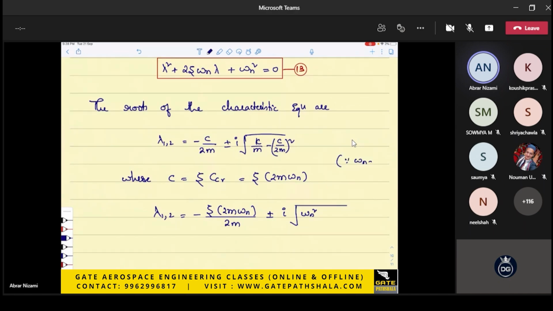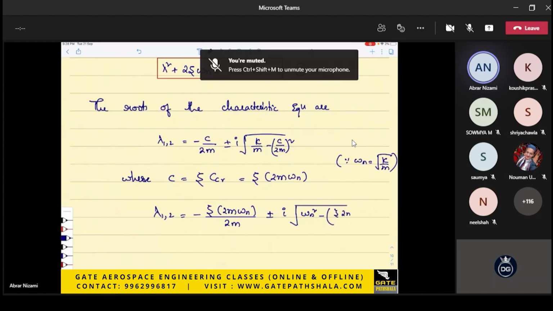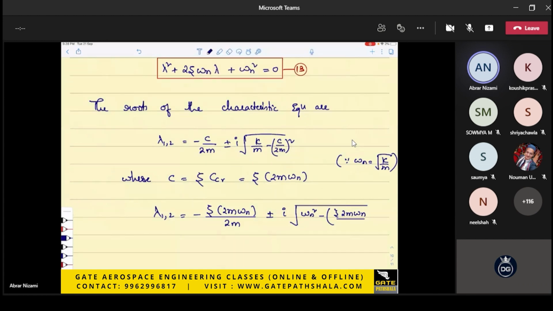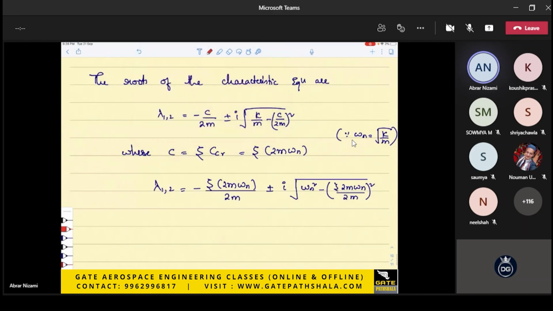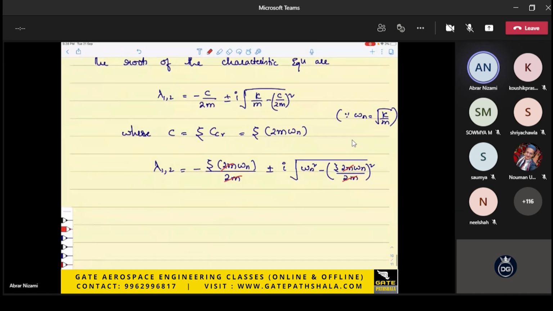Since omega n equals the square root of k by m, you can write omega n square as k by m, minus xi into 2m omega n whole divided by 2m whole square. Cancel out the like terms, 2m in both terms.